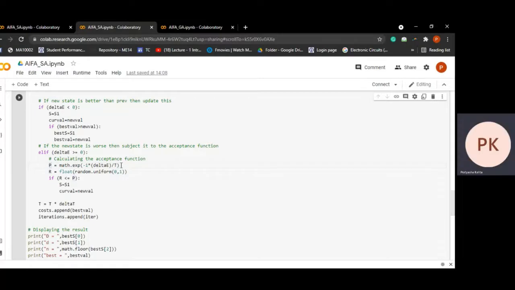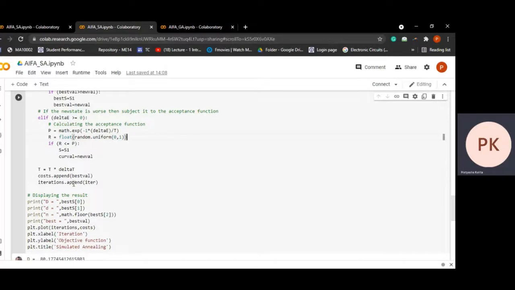So as temperature increases, the value of the acceptance function increases. That is, we will have more probability of acceptance. Then we obtain a random number. In case that random number is less than this probability value, then we will do the updates, otherwise we will do nothing.